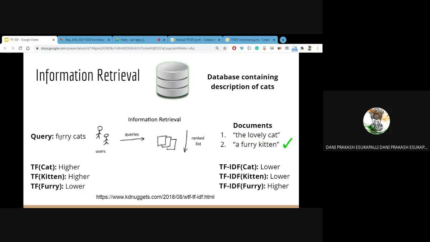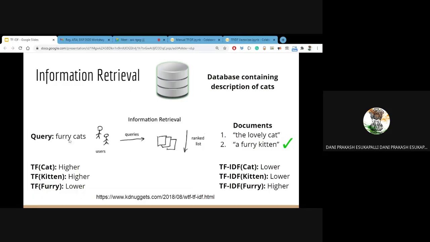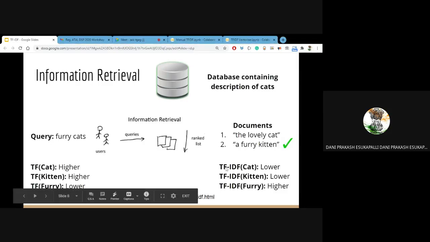So if we see "furry cats" and do word-to-word matching on these documents, without using TF-IDF or anything, we can match the first one, because cat is there in these two. But the underlying meaning should be furry cats and a furry kitten. In order to get this, we will use TF-IDF.